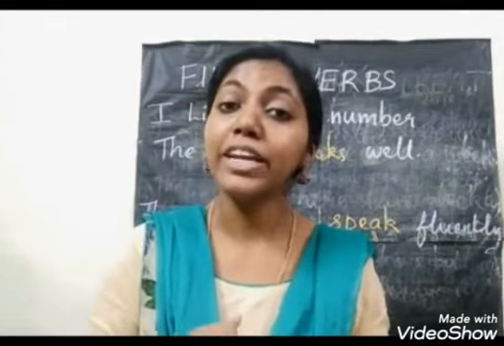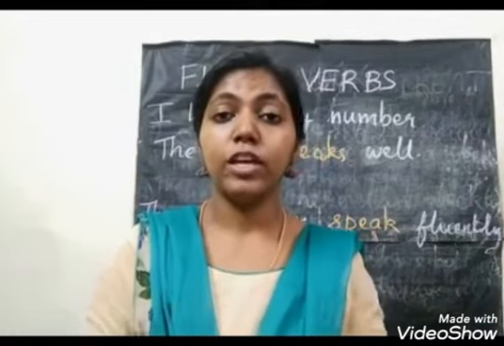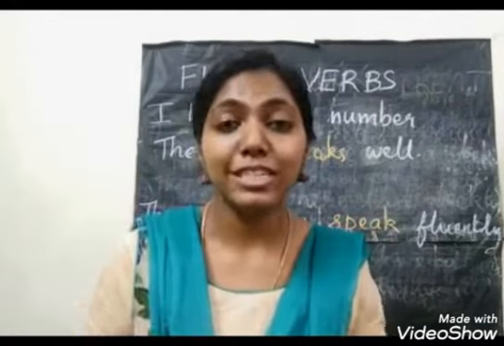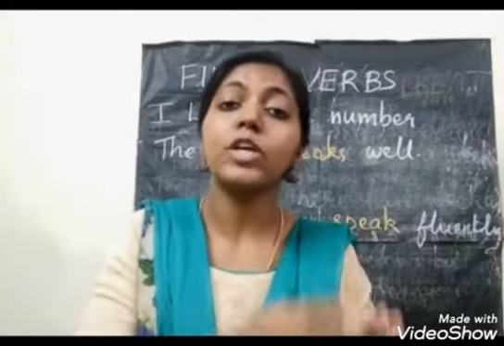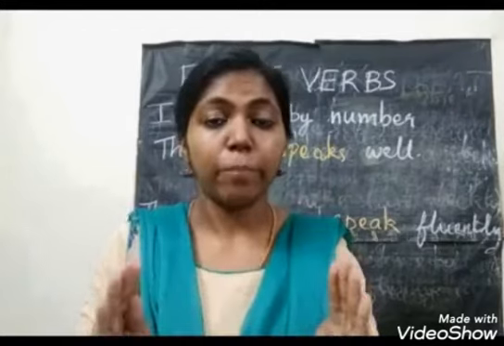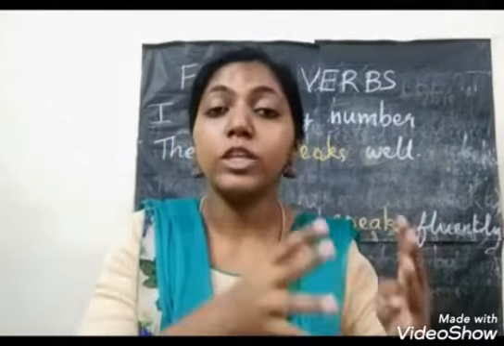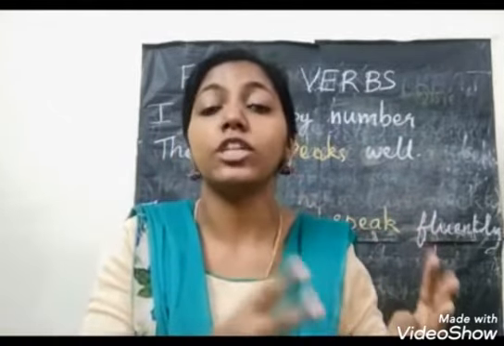Finite verbs are also limited by number. What do you mean by limited by number? See children, we have already discussed that finite verbs are closely connected with the subject. So depending on the number of the subject, the finite verb has to change its form.